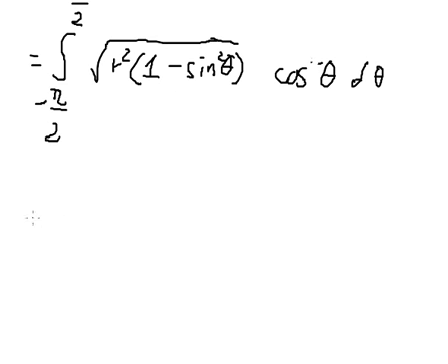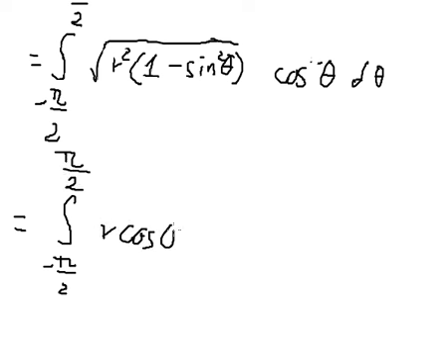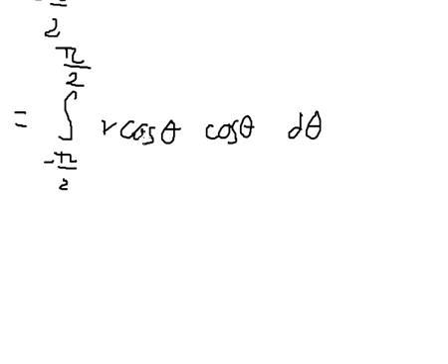We change this to cosine squared theta and put it outside the square root, and we have R cosine theta and another cosine theta. This one we have cosine squared theta.